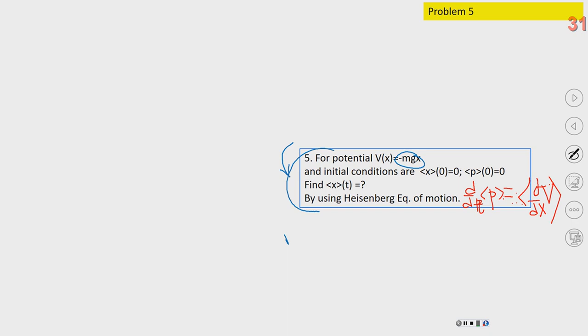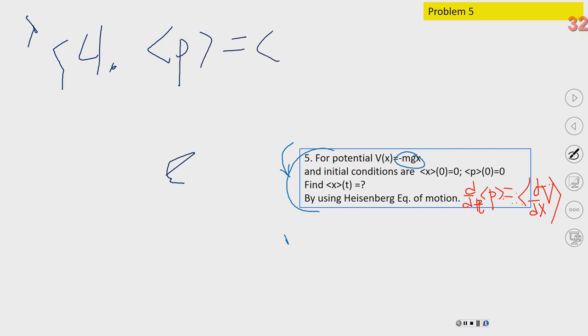Question number 4, worth 10 points, is straightforward. The calligraphy is not good. P as a function of time is constant. It equals whatever it was at the initial time.